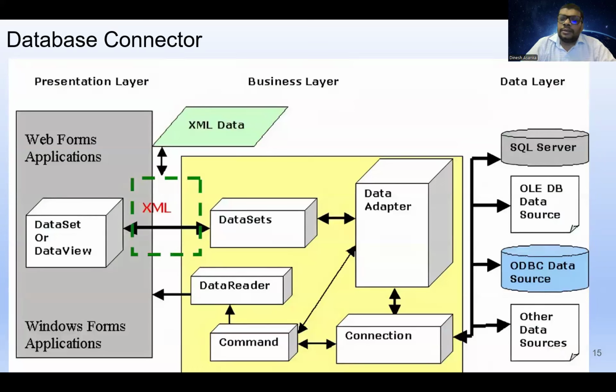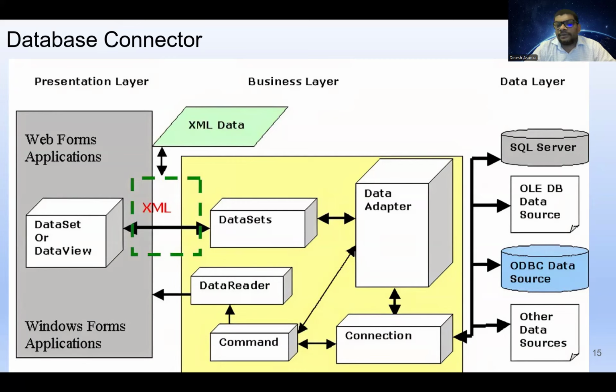Right. If you are using databases, you have something called a data adapter. What does it do? Just think. You have the web application, and you need to connect to a database. Which database? It can be any database.